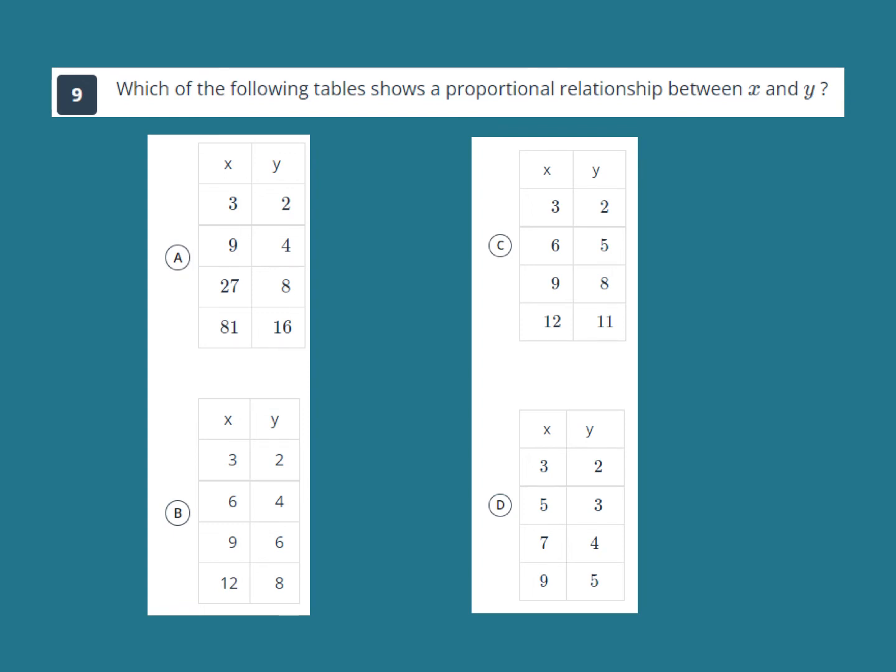Well, what do we know? A proportional relationship means that it's always going to be the same when we go from left to right, we multiply, and then we go from right to left, we divide. It's always going to give us the same exact k, right? So I'm just going to go ahead and do that right now. I know that my k is going to equal y over x, and y is 2, and x is 3.